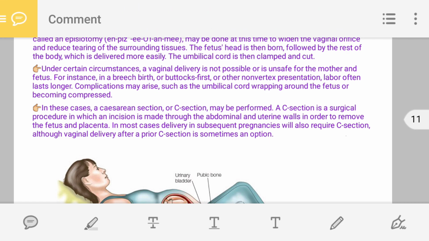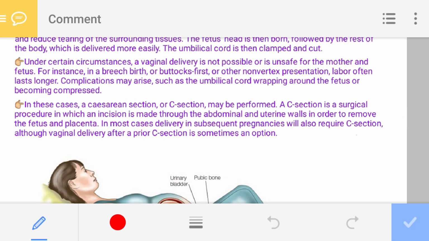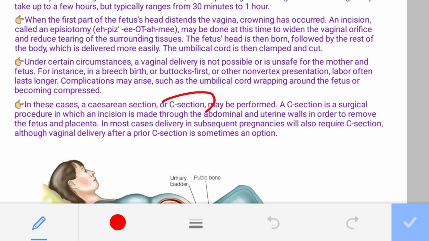So what is cesarean? Cesarean is known as C-section or cesarean section.